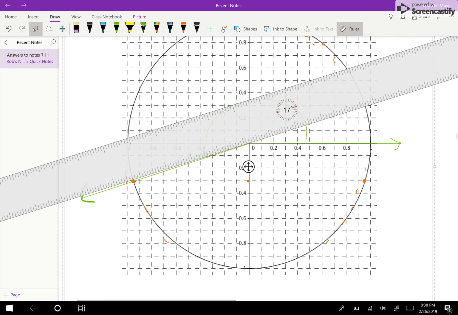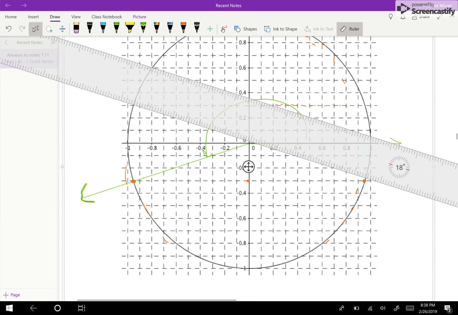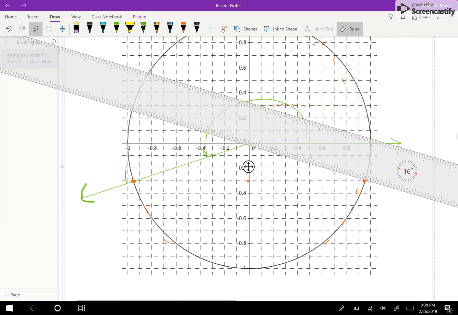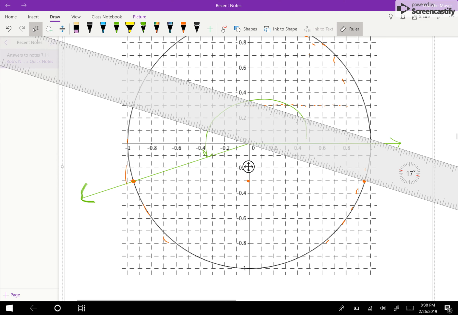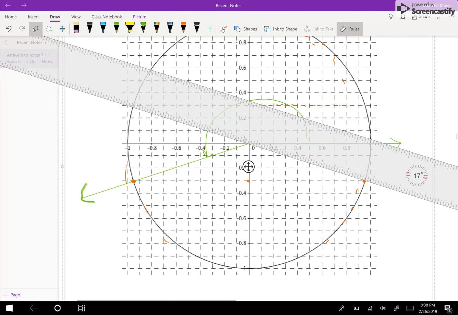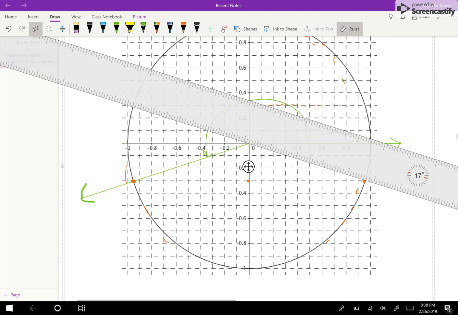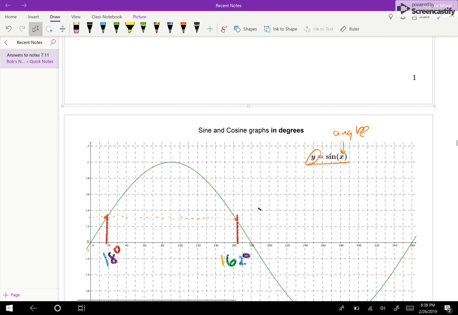And then, of course, this side. It's funny how this digital protractor is measuring the angle with the x-axis. I told you how important that was. That's the reference angle. And again, we got 17 this time. It's the same angle. It should be about 18 or 17, which is why we're getting 17 on one and 18 on the other. We're approximating here.